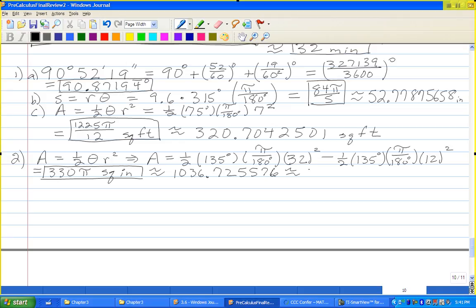To the nearest 0.1, 1,036.7 square inches. Okay. So that's the approximate amount.